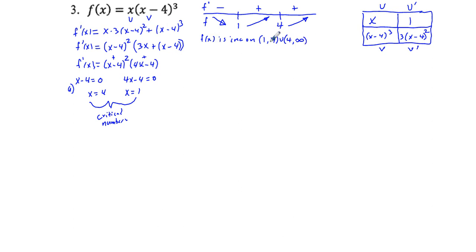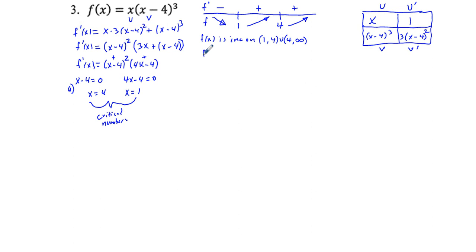Now you can actually lump these together in one single interval, because even though we're going to 0 at 4, the thing is still increasing all the way from 1 to infinity. But we'll just leave it like this.